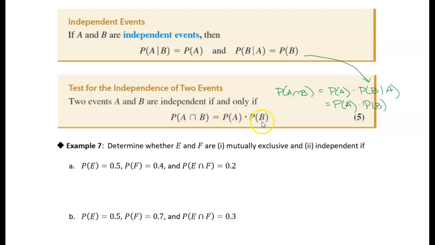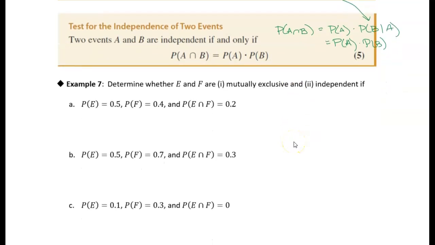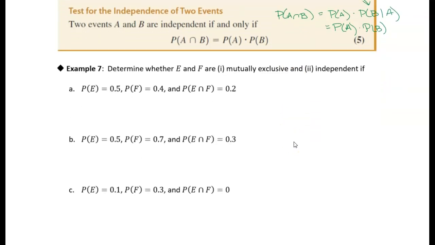Let's do this example 7 too, because it's pretty short. We're going to apply the test for independence, but we're also going to think back to the terminology that we learned before about mutually exclusive, because these are often confused. Remember that mutually exclusive means that those events cannot happen together.